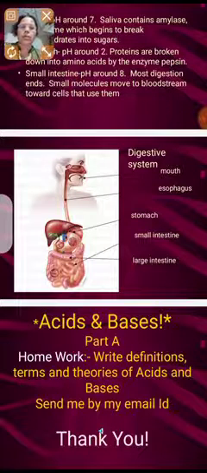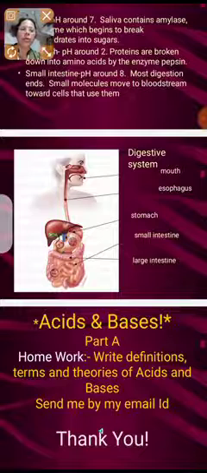Dear students, you have seen how acids and bases are defined by the Bronsted and Lowry concept, which explains acids and bases by the transfer of a proton from acid to base.